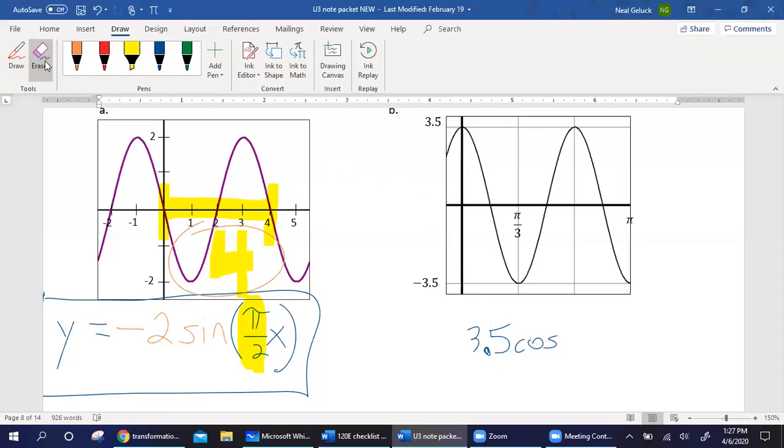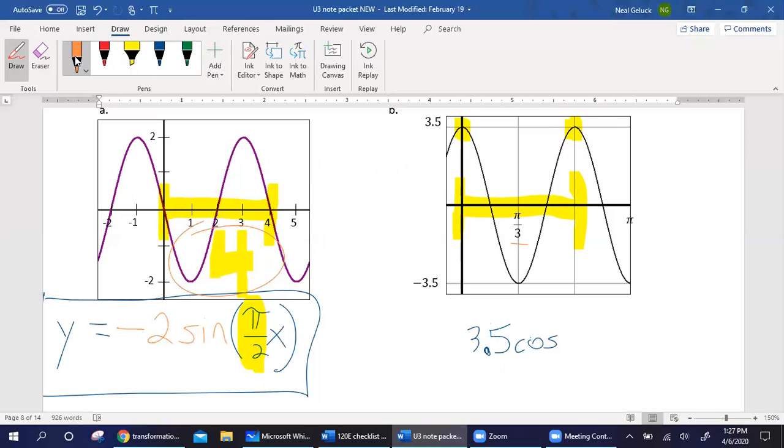We just have to worry about what the heck is the period of this. Well, this finishes its cosine wave from here to here, because cosine starts up top and ends back up top. Well, I'm marking that my increments are every pi over 3.